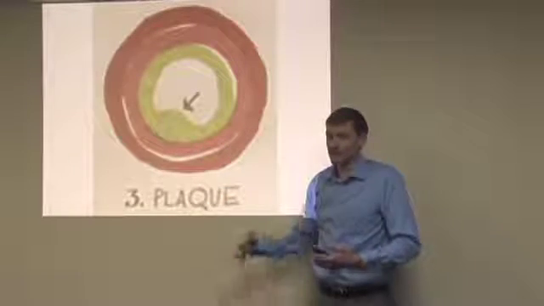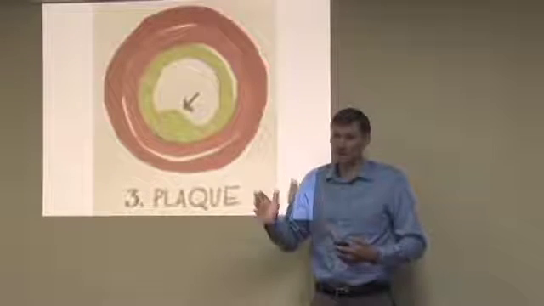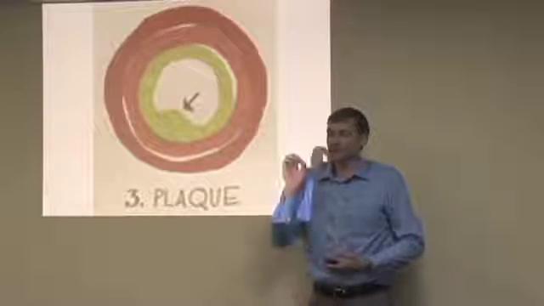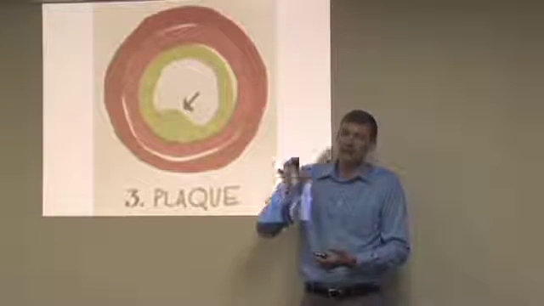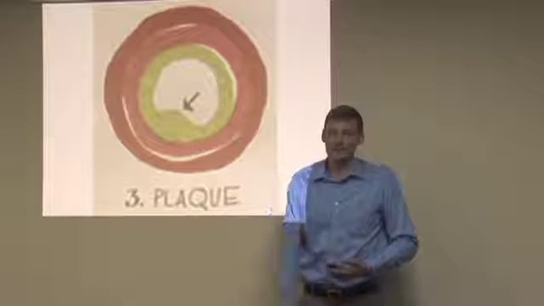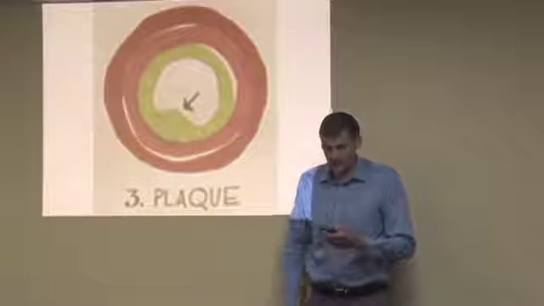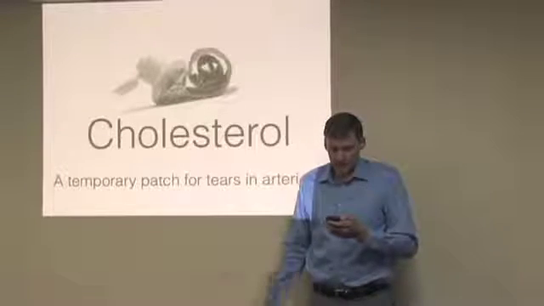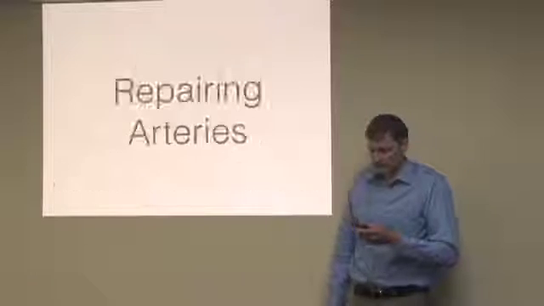It just gets stuck in there. Does that make sense? Okay, so cholesterol is a temporary patch to repair the tear that is not being repaired because of a deficiency of vitamin C. You got that? Now there's more to it, so just follow along with me. Cholesterol is a temporary patch for tears in the arteries.